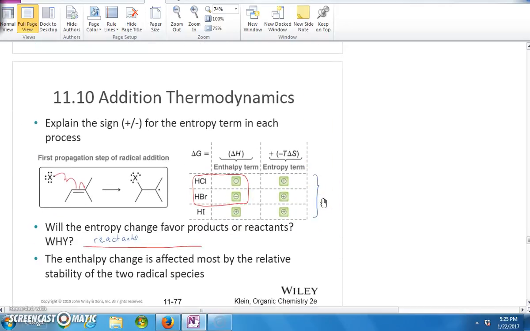So if you explain the sign for the enthalpy term in each process, so you have HCl, you have HBr, and you have HI, you can see that in the case of HCl and HBr, the first propagation step has a negative enthalpy change.